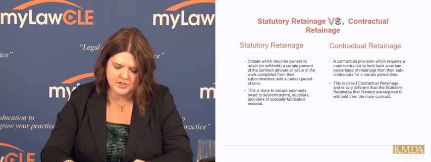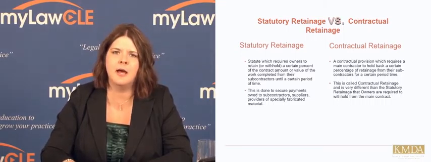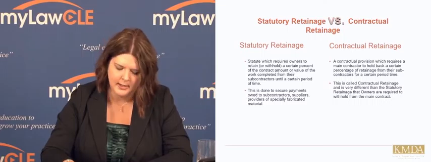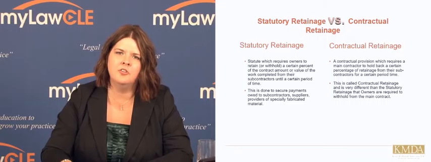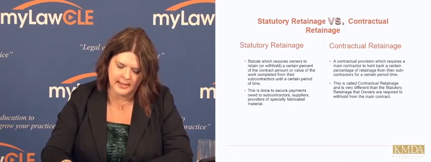And so it's your job as an attorney to make sure that your client is not suffering the loss for the GC. If you're dealing with a $1 million contract, $100,000 isn't just anything to let go.